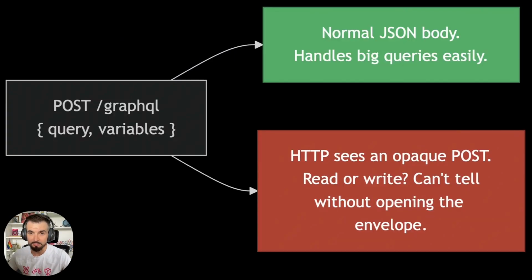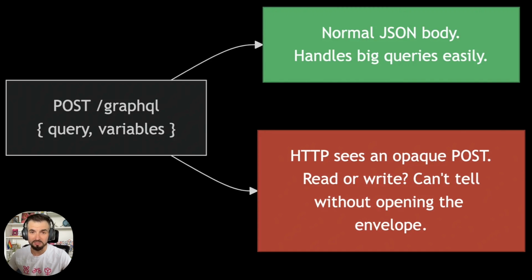The other option is POST. POST is convenient because you get a request body. You can put your GraphQL document and variables in a perfectly normal JSON payload, and as a result, POST has become extremely common for GraphQL queries. But POST has much weaker semantics from HTTP's point of view.